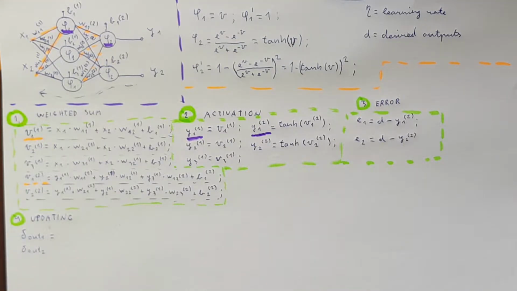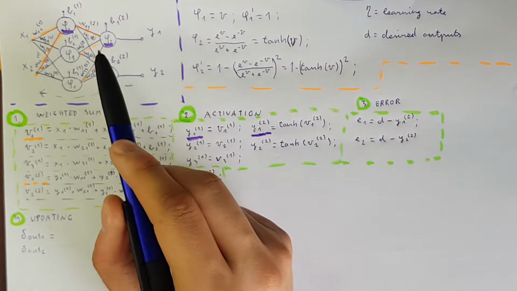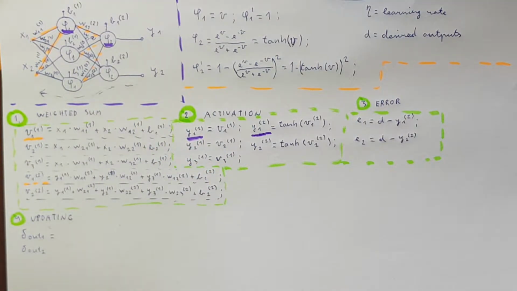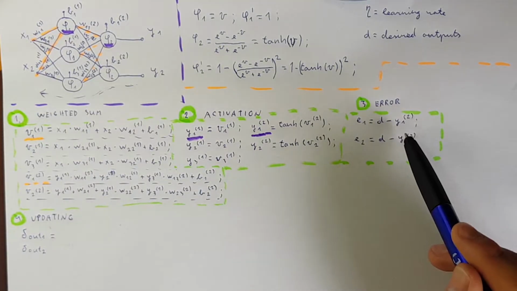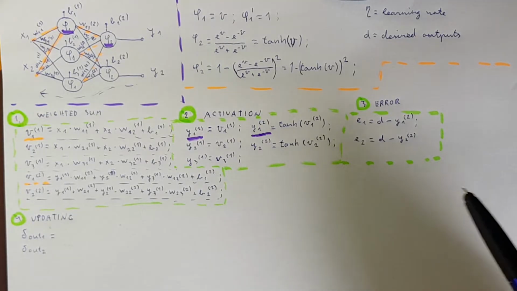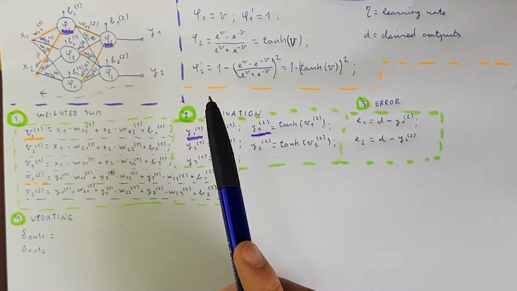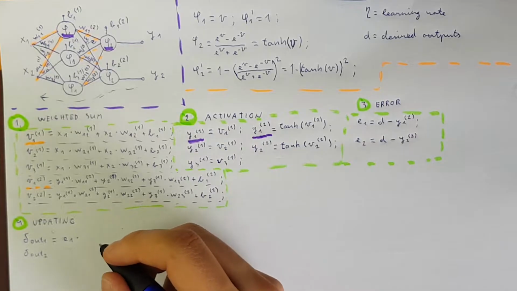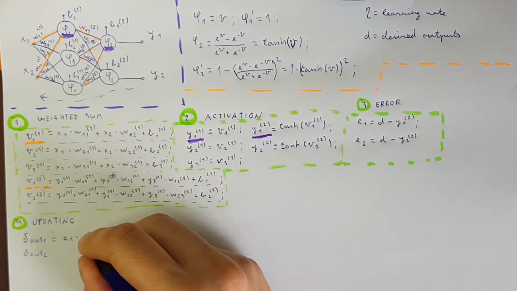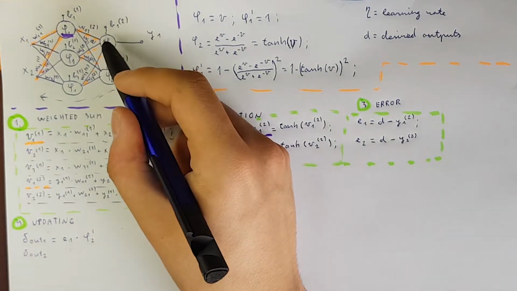To calculate our delta out of our second layer, we have to multiply the error of that output and the derivative of the activation function for that neuron. Error 1 is multiplied by the derivative of the second layer activation function for that neuron.